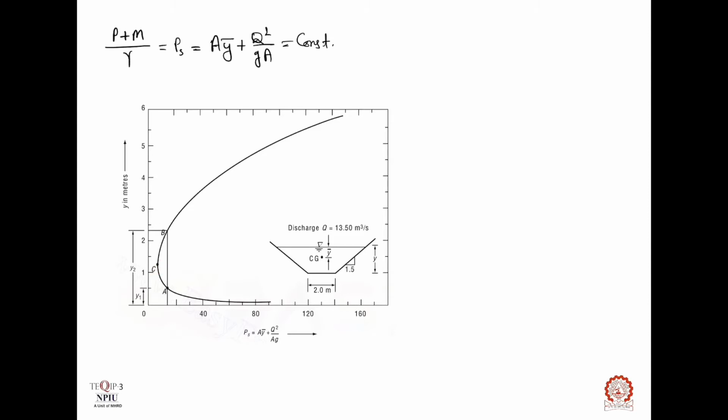For a particular specific force, the ordinate cuts the curve at two points, suppose point A and point B. So for a particular specific force we will have two depths. These two depths represent the depth before the jump and after the jump, that is nothing but sequent depths.